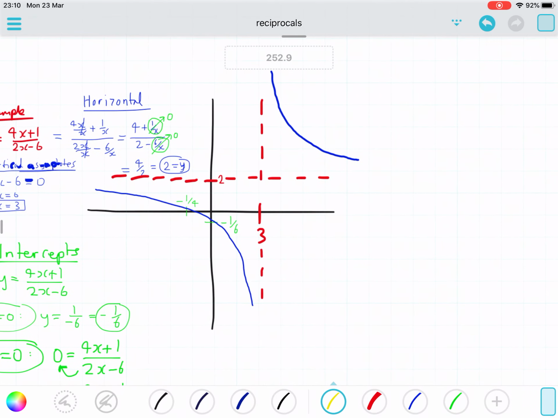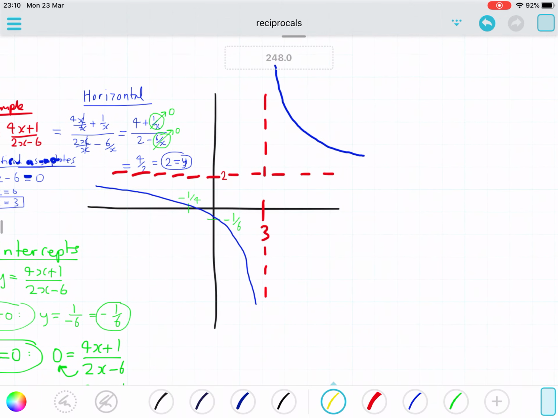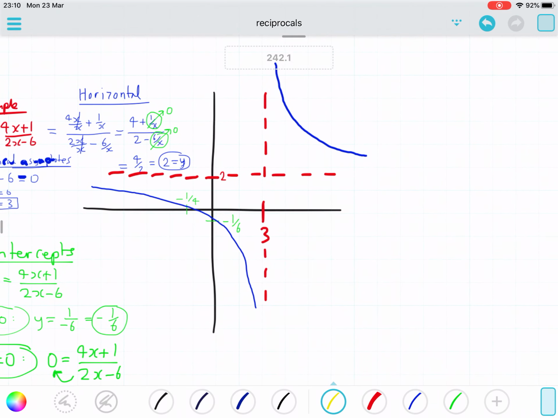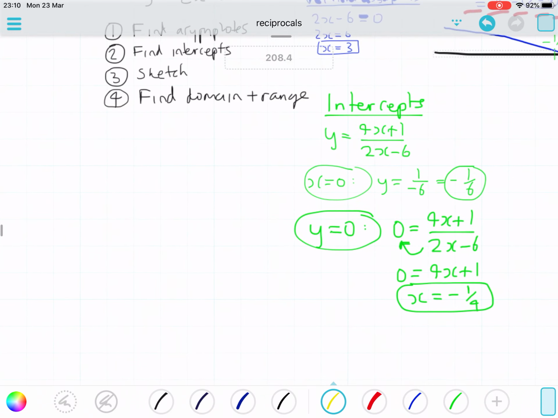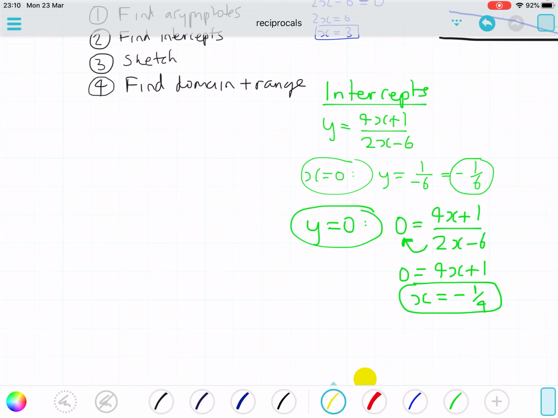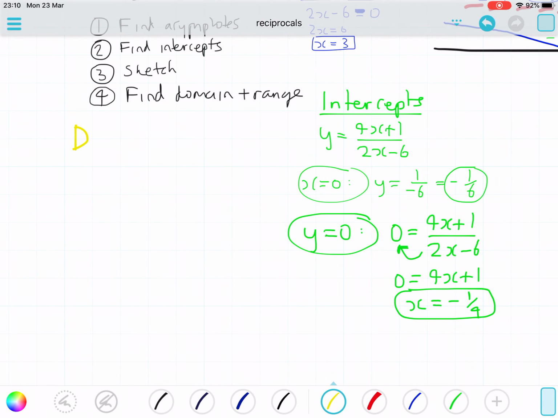Well, looking at the graph, you can see any x value can be put in, except x equals 3, because if you do that, you get division by 0. So that's not allowed. So domain is any x value except, x is not allowed to be 3.